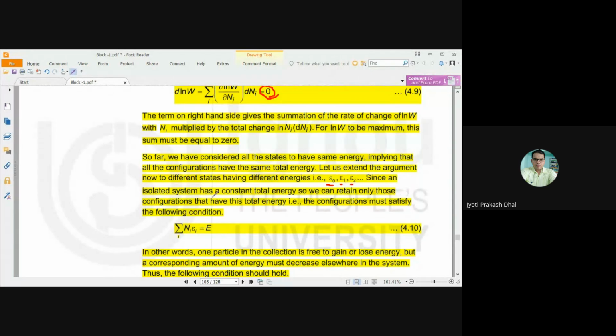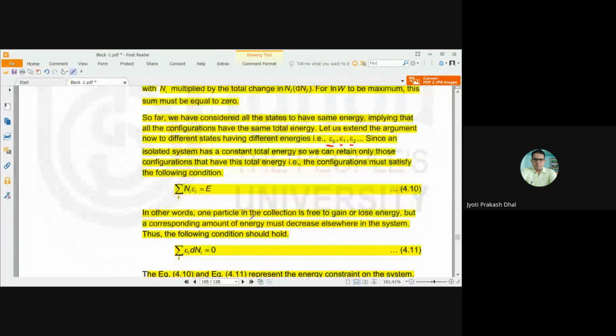Since an isolated system has a constant total amount of energy, we can retain only those configurations that have the total energy. So the configuration must satisfy the following condition. That means the summation of number of particles ni times the energy of each particle epsilon i equals the total energy E.